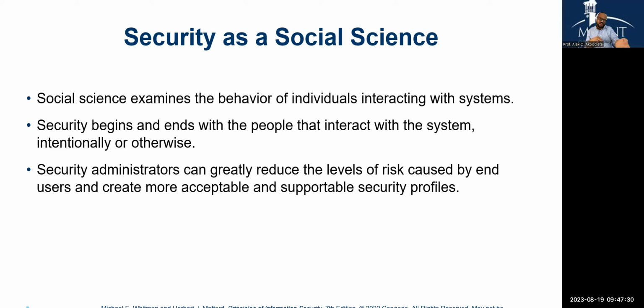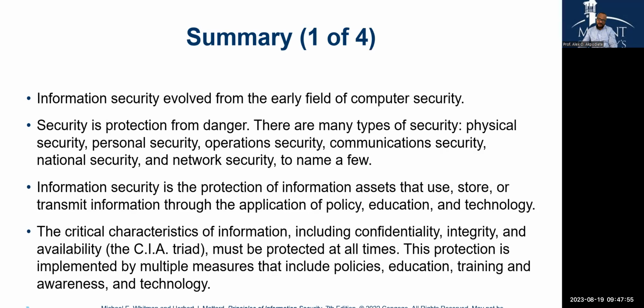In this situation, security administrators can greatly reduce the level of risk caused by end users and create a more acceptable and supportable security profile. It's very good because we know that humans are the weakest link in any security policy, right? In fact, those who engage in social engineering understand this aspect very well, right?